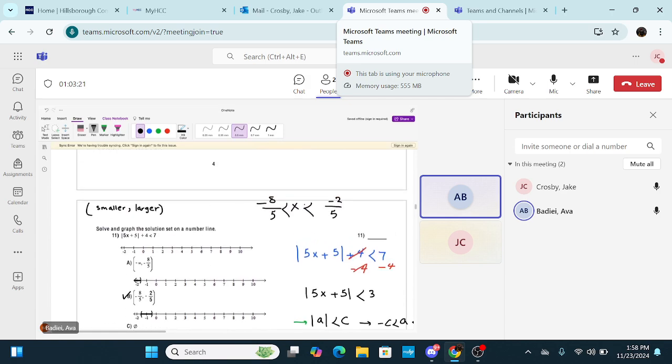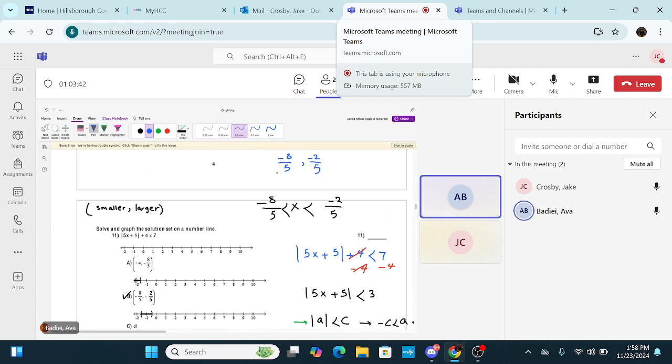And another thing, when you solve your inequalities, normally you end up with something like this. If you want to report your answer as an interval, again, this one is your smaller number, so -8/5, and this one is your larger number, so -2/5.